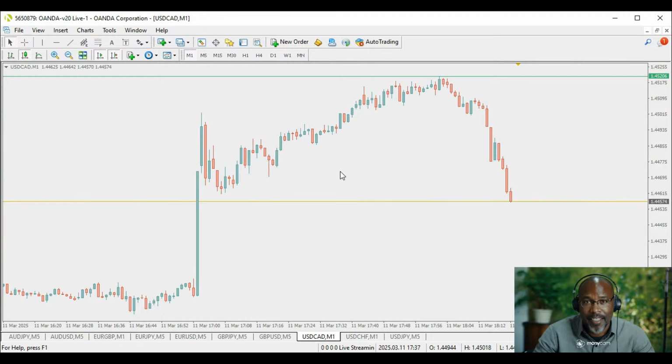So that was a successful Oanda trade in just a couple of minutes. Whether or not it turns out to be profitable on the deriv.com platform remains to be seen.